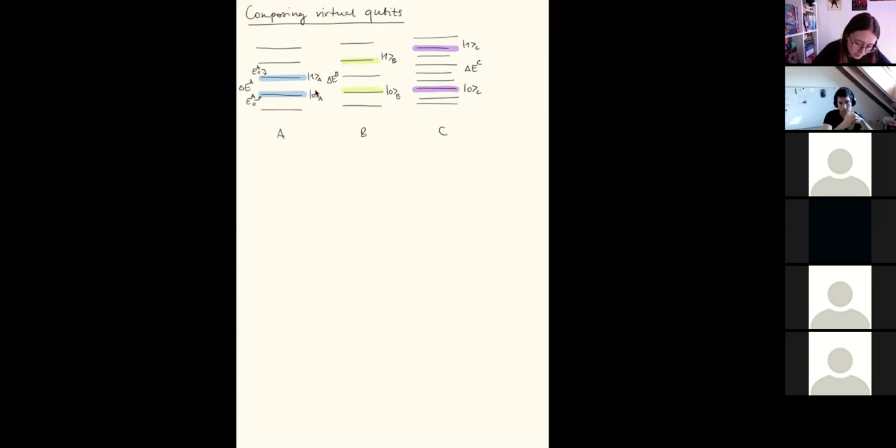And also a parameter that we need to introduce here is the virtual temperature of each virtual qubit. So for the first, it will be beta VA. For the second one, beta VB. For the third one, beta VC.